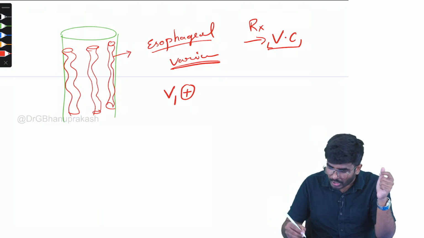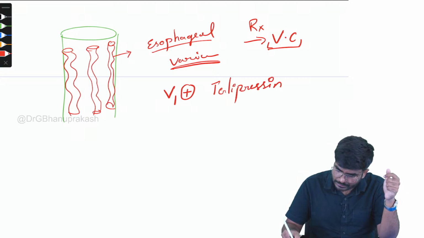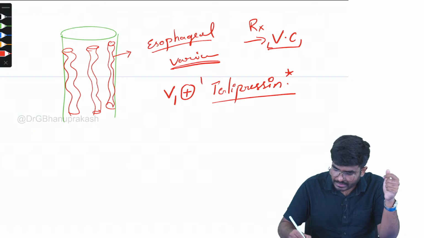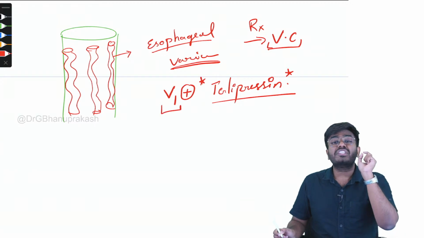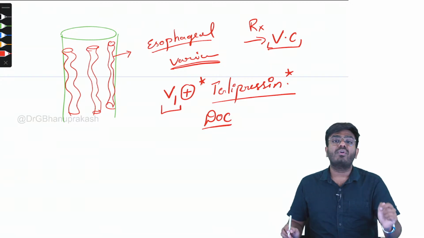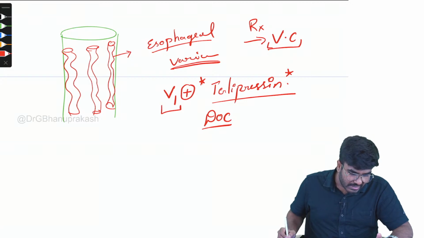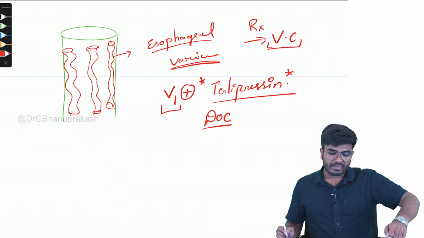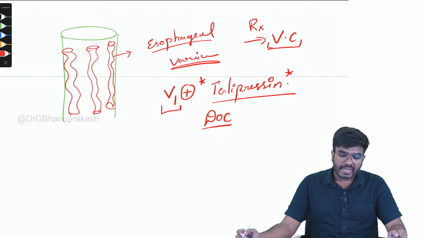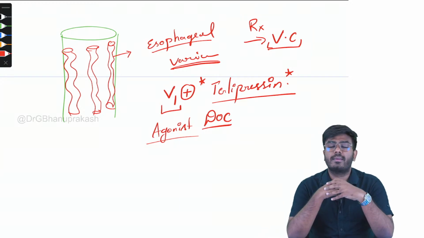So there is a drug called terlipressin, a V1 receptor stimulant, which is the drug of choice for treating esophageal varices. Esophageal varices are treated with terlipressin, a V1 agonist.